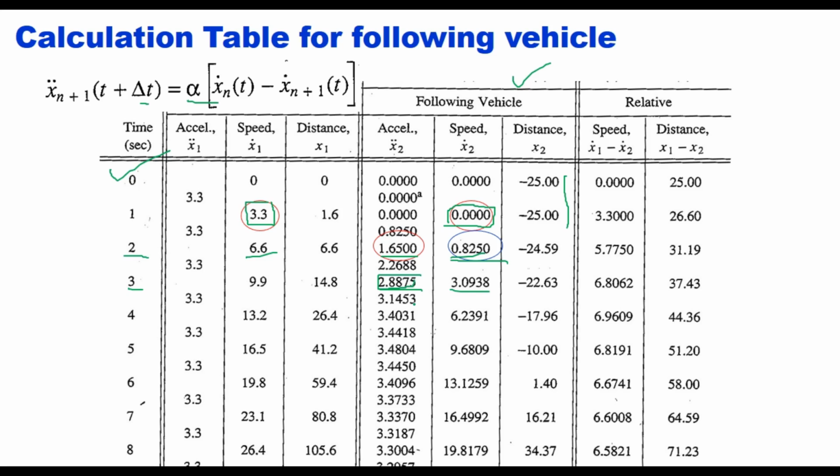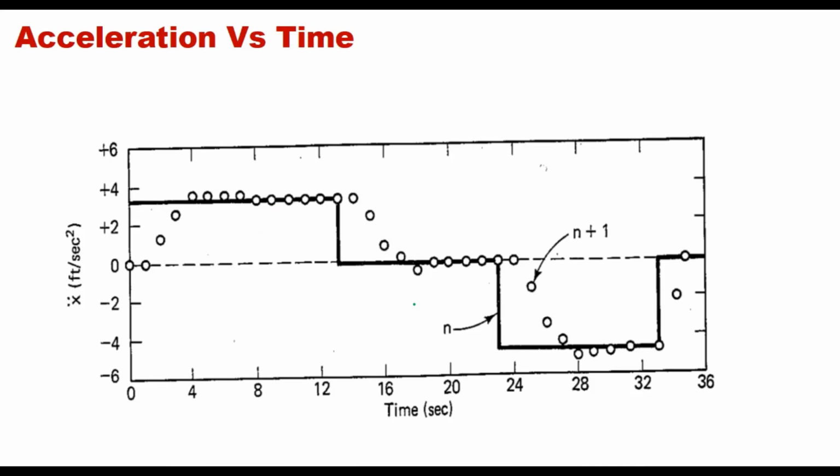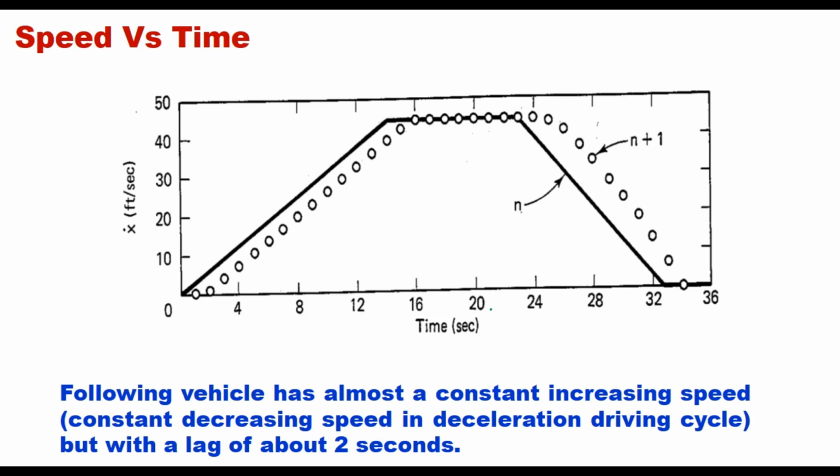Now once you know time, speed, acceleration and distance, you can plot these on graph paper. So that is the time and this is the acceleration rate. Now this firm line here shows the lead vehicle, and these dot points here are the following vehicle, and you can see how it lags. And similarly you can plot time versus speed.